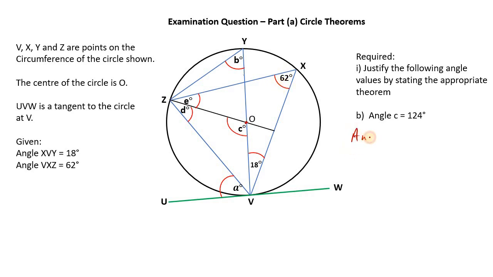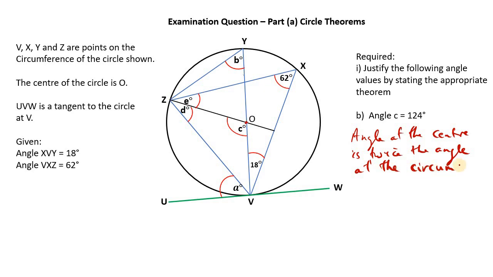So the rule is: the angle at the center of the circle is twice the angle at the circumference. Okay, so that would be the theorem.